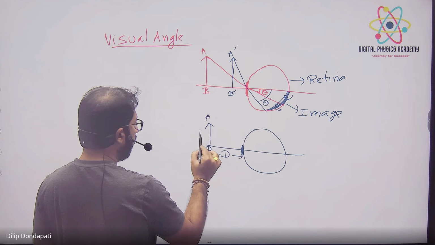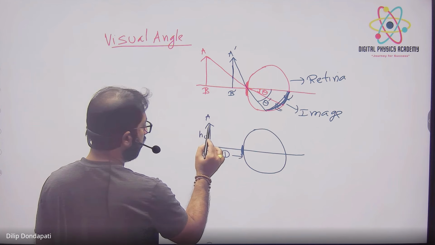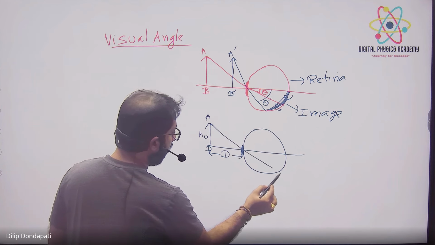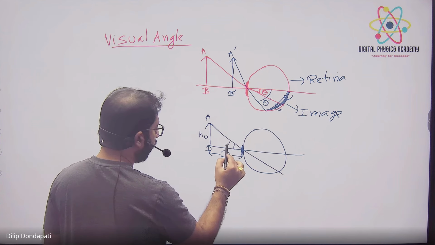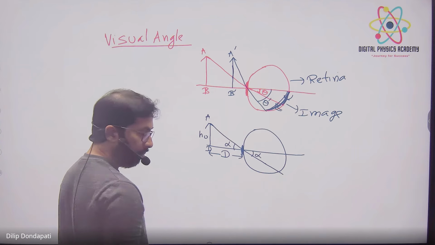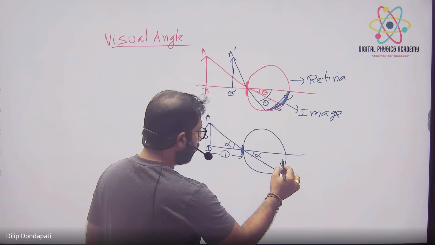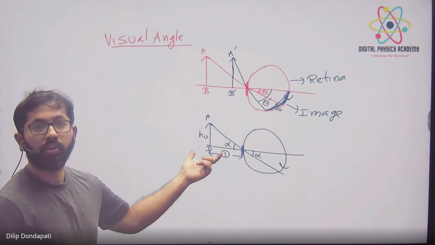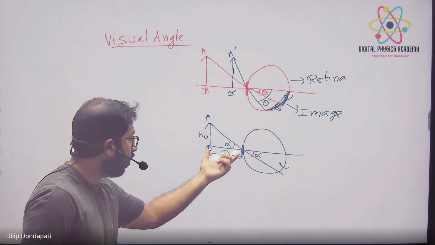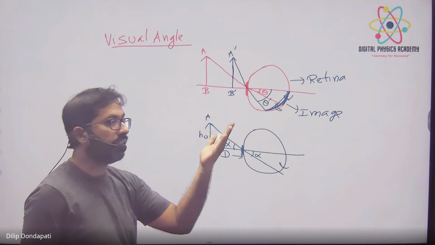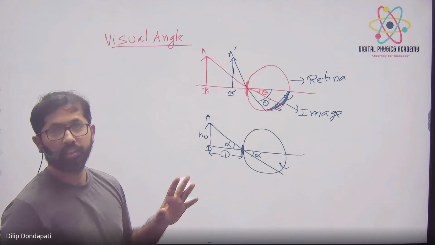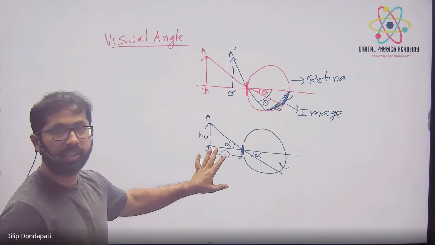Object is the height of the image, height of the object. Okay, this is a visual angle formed, and this is called as alpha. Okay, so image is formed like this. So this is the maximum point, object इधर लेगा. So object नजदीक में लेके आए तो we cannot see, strain हो जाएगा, right? So इधर तक maximum we can see.